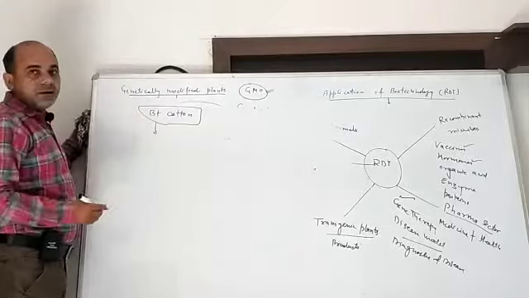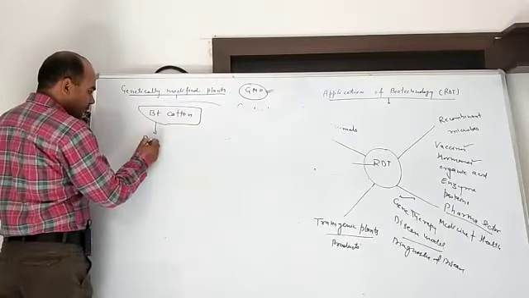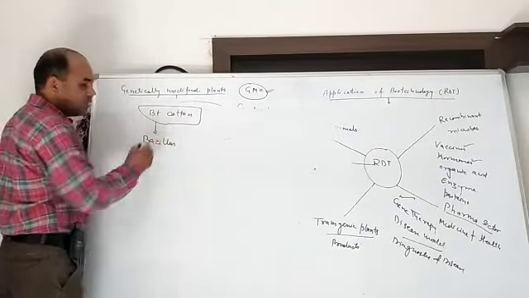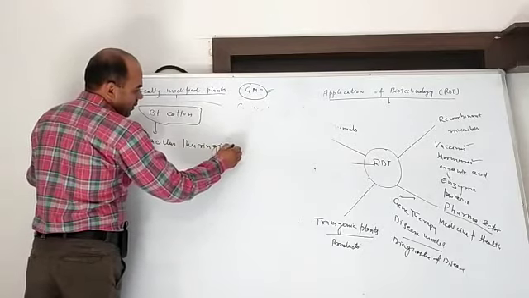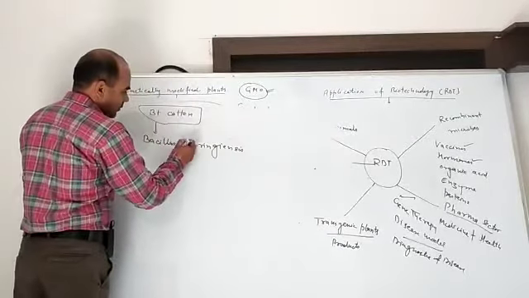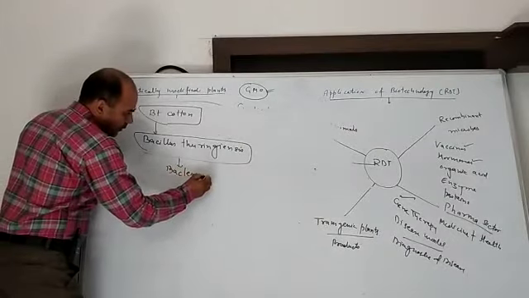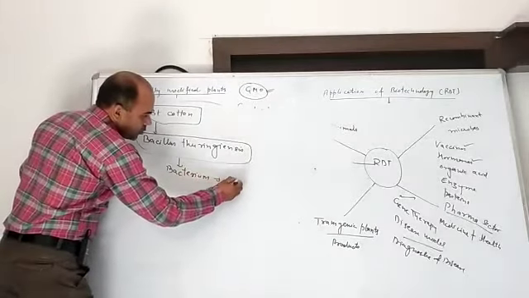The name of the bacterium is Bacillus thuringiensis. So what is this? This is a bacterium which is found in soil.